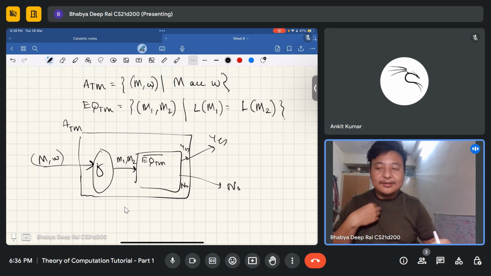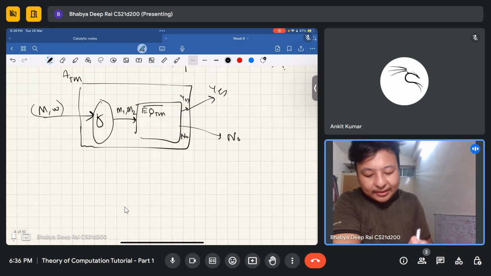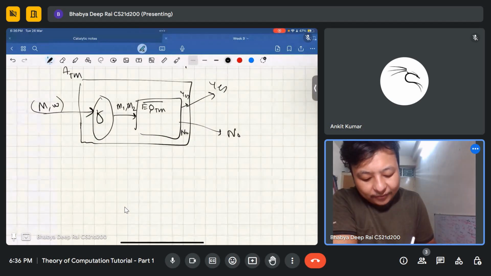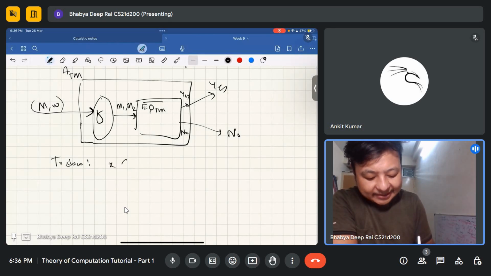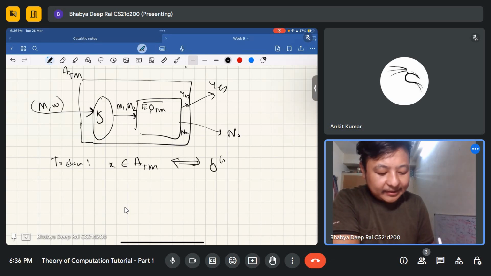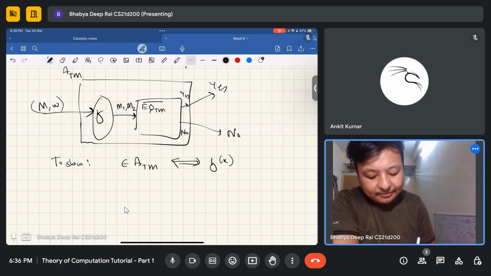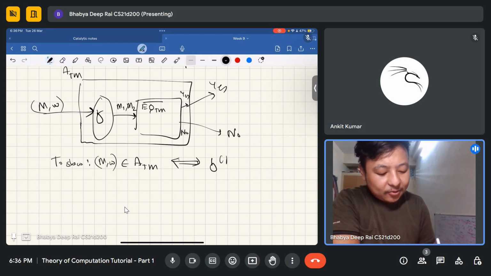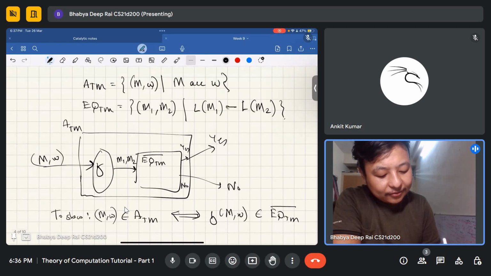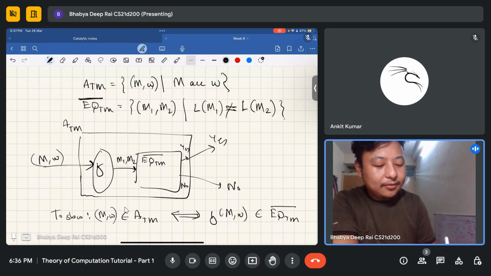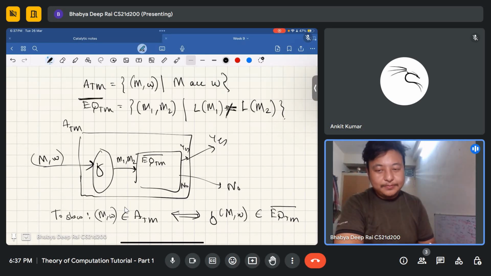So is this reduction valid? Let's check. We want to show that if (M, w) is in ATM, then f of (M, w) is in EQTM bar. What is EQTM bar? It would be not equal to: their languages are not equal.